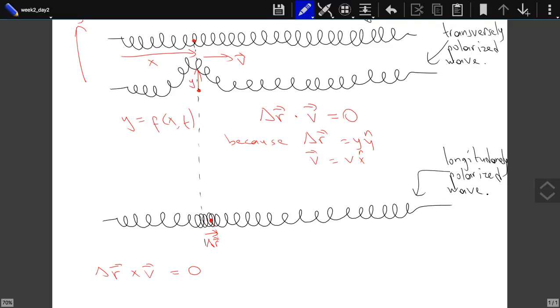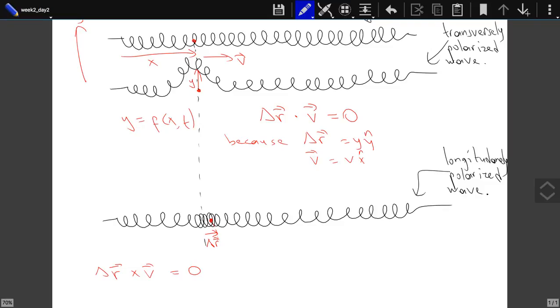For a general wave motion, here the wave is the wave of the displacement of the particles making my slinky. A general displacement, I can just decompose into two parts: one perpendicular to the direction of the velocity of the wave, and one parallel to the velocity of the wave.